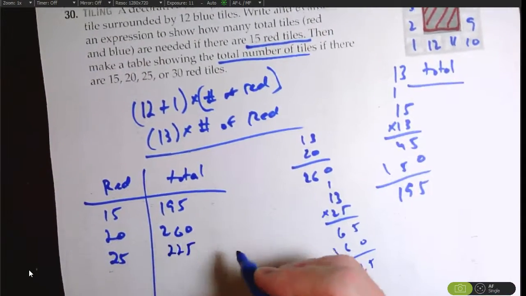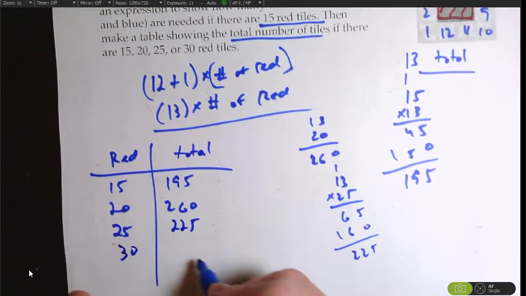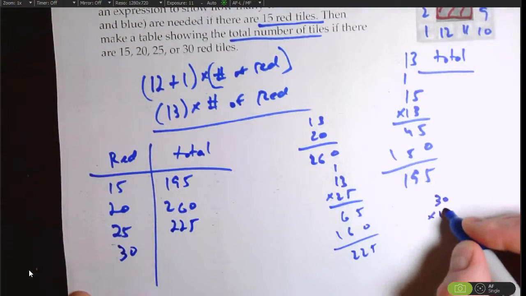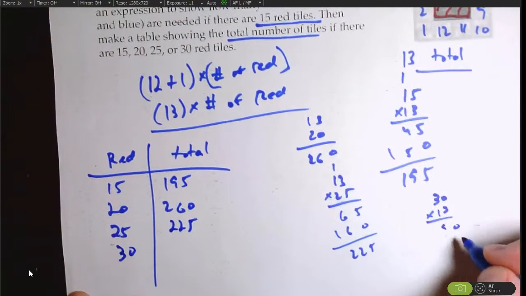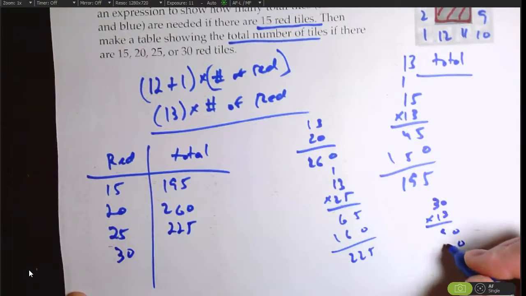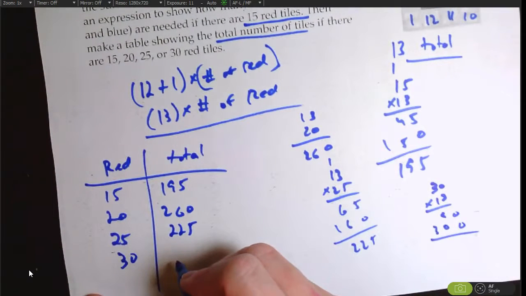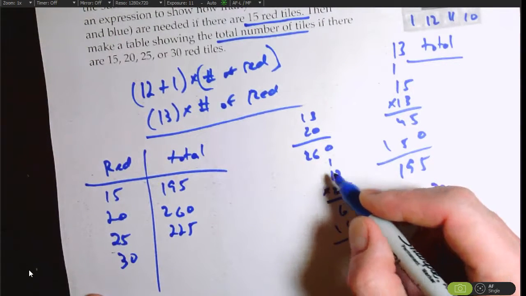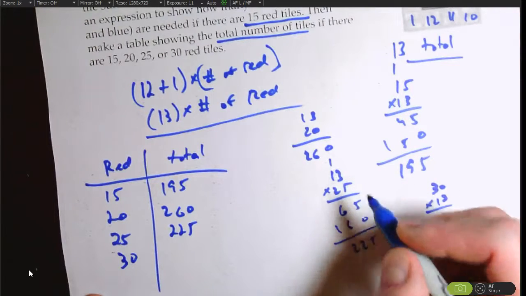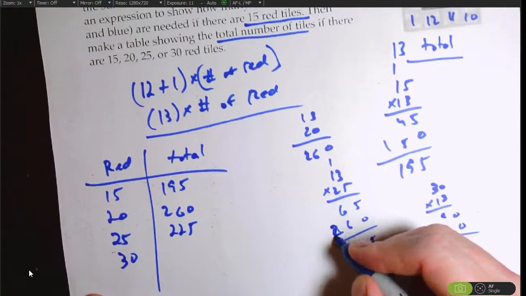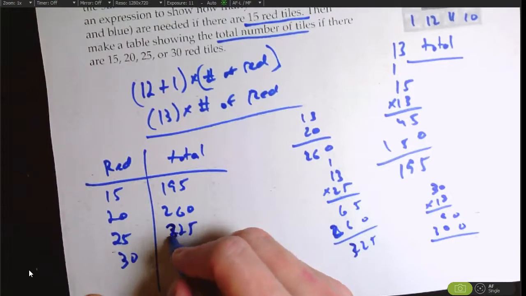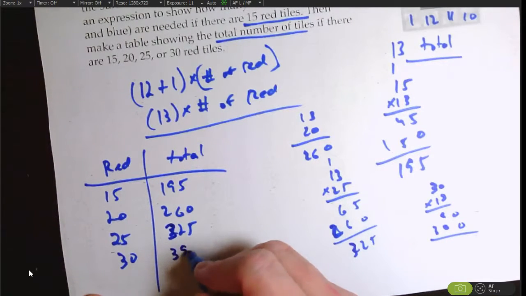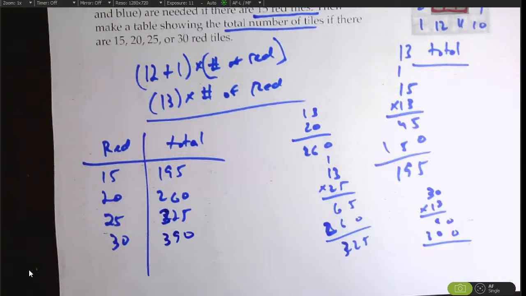And if there are 30 then, 30 times 13 gives us 0, 9, 390. Is that right? 15, 6. Oh, this should be 2. That should be 325. And this should be then 390. Ugh, can't even do my own arithmetic. Okay, so hopefully that makes more sense to you than it did to me while I was doing it.